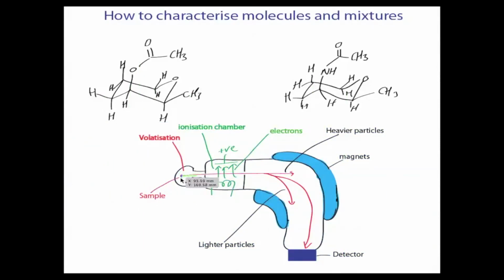You put your sample into the machine, it volatilizes it, so it makes it like a gas, and then it goes into a vacuum chamber here, and then it's bombarded with particles, either electrons or other forms of particles. Because these are charged particles, it bends.